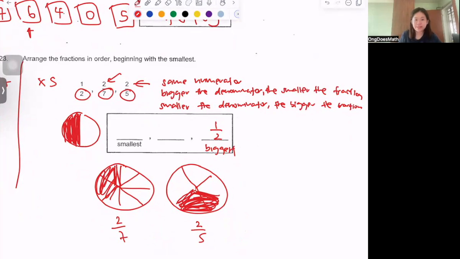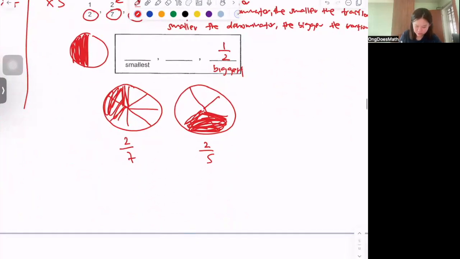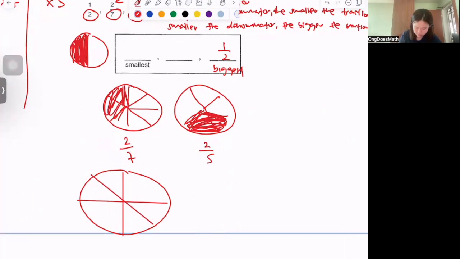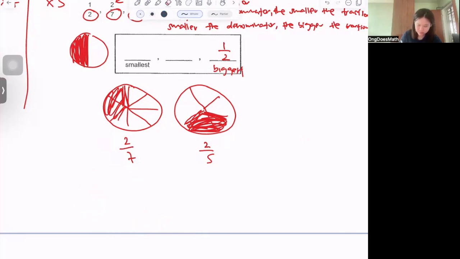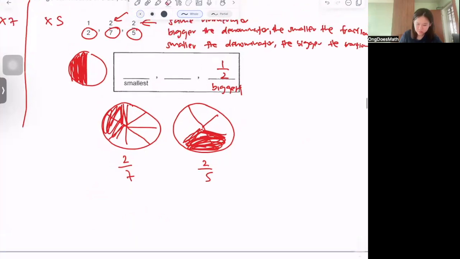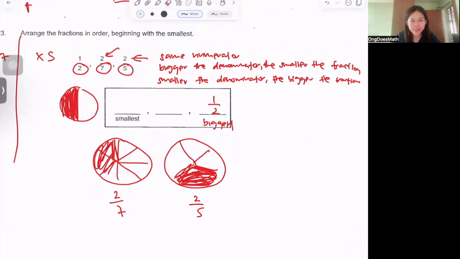Obviously, my drawing isn't the best, but just imagine if you have many friends, like 6 other friends, so 7 people eating the pizza.